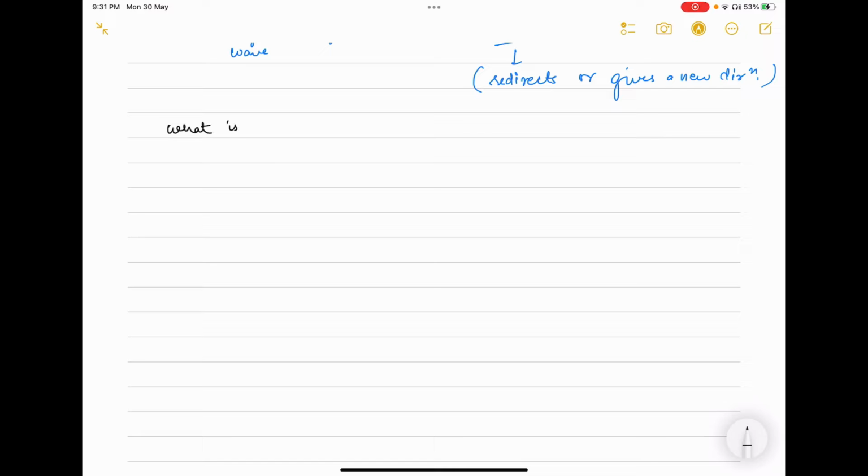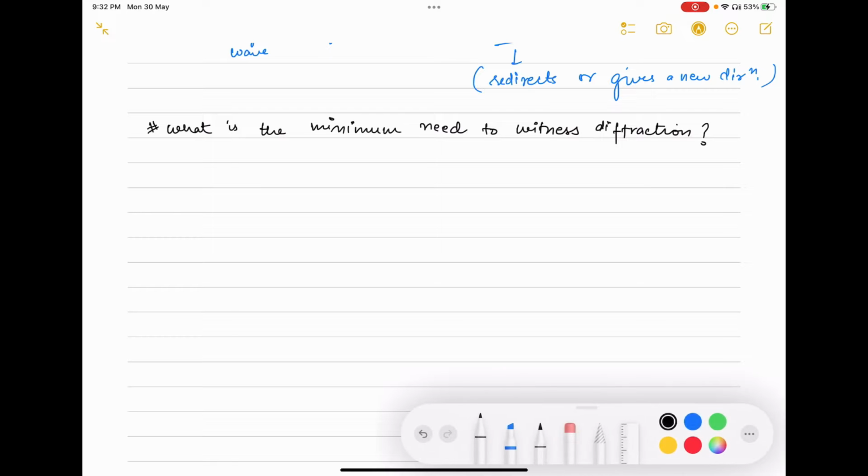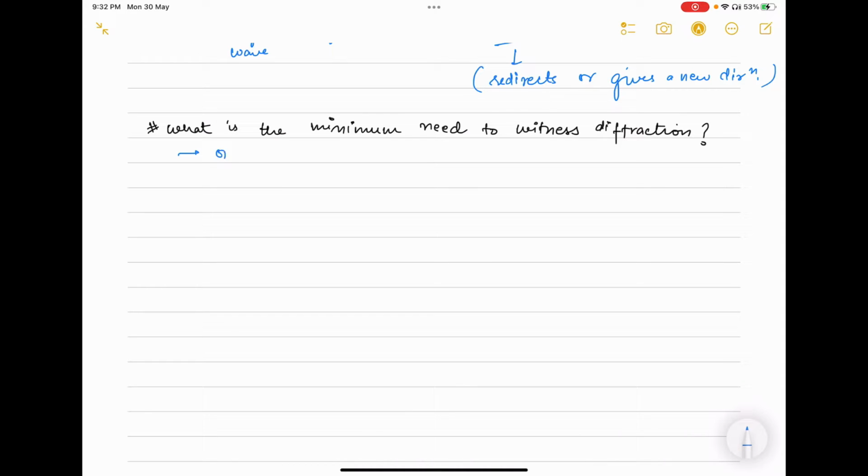The bare minimum we need is 1 edge, or 2 edges forming a single slit, which is always better. So the bare minimum is 1 edge.